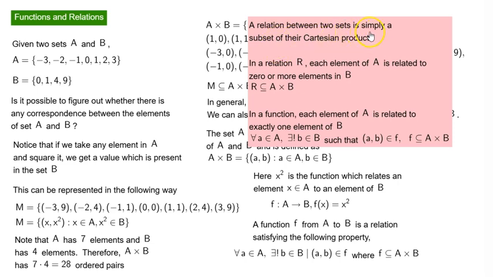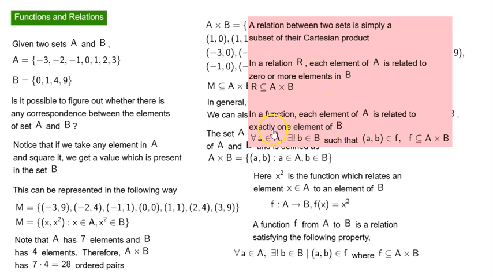Now, a relation between two sets is simply a subset of their Cartesian product. In a relation R, each element of A is related to 0 or more elements in B. So, R is a subset of A times B. In a function, each element of A is related to exactly one element of B. In case of a relation, 0 or more elements.